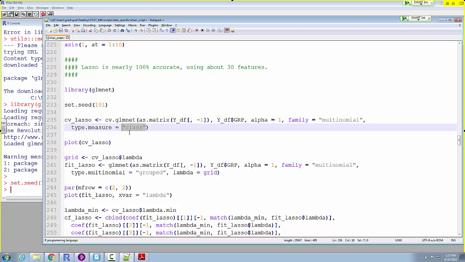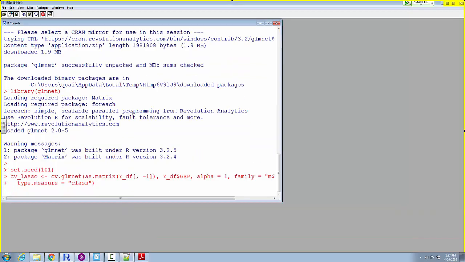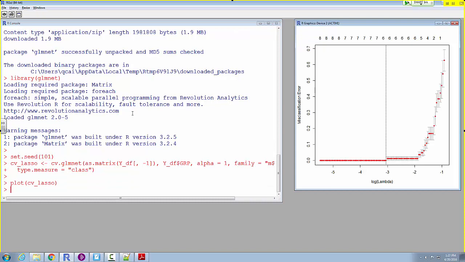So cv.glmnet means we're going to do cross-validation to pick lambda. And it's going to thankfully do it for us behind the scenes. They have their own CV code behind the scenes. So when we do this, what we get back is cross-validation based misclassification rates as a function of lambda.